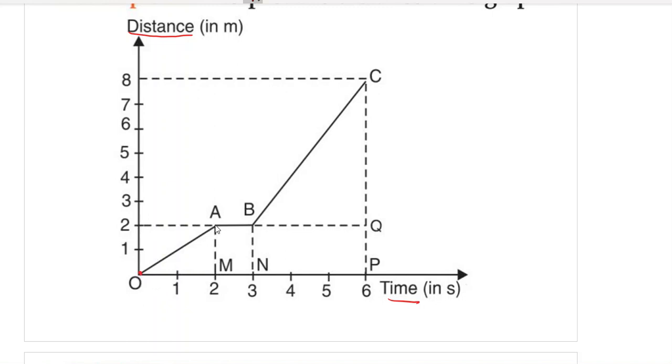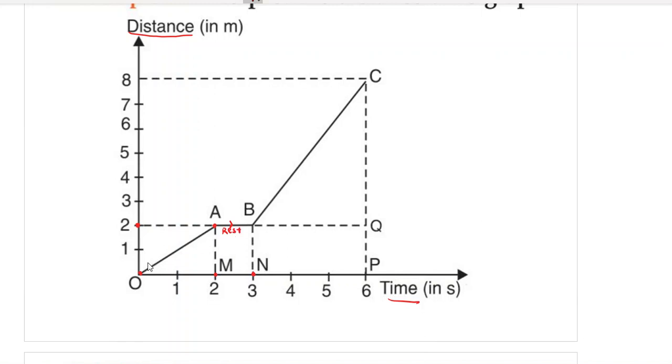In 2 seconds, the body is traveling 2 meters, right? The body is traveling 2 meters in 2 seconds. Then in a further 1 second, from 2 to 3 seconds, the body is at rest. So this is the position of rest.